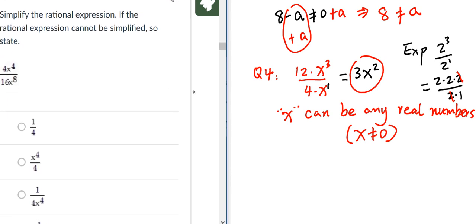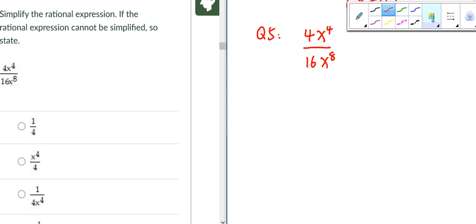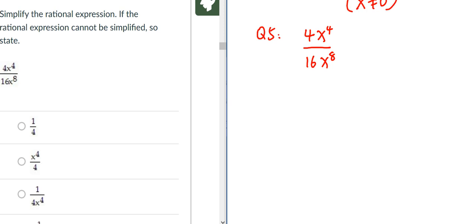Here comes question 5. Question 5, we want to simplify. So we have x to the 4th, and then downstairs is 16 times x to the 8th power. We know both numerator and denominator can be divided by 4.